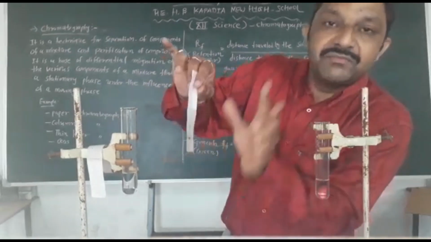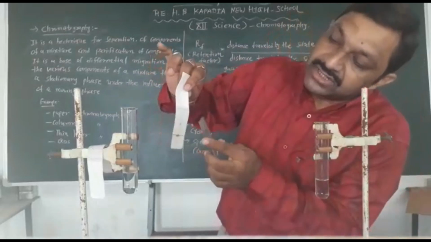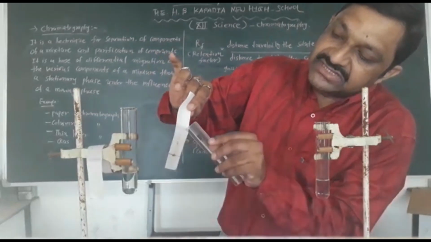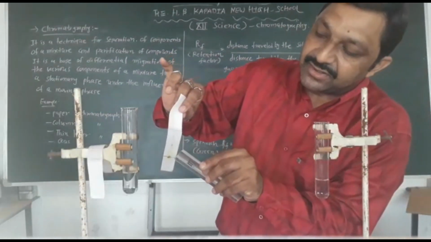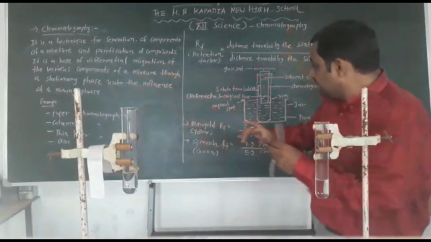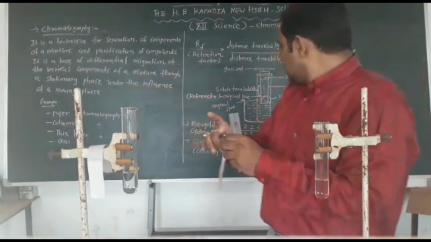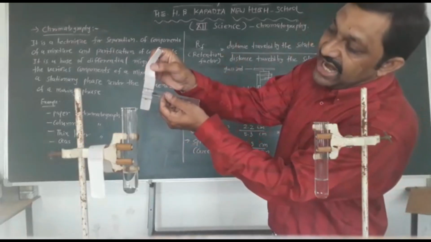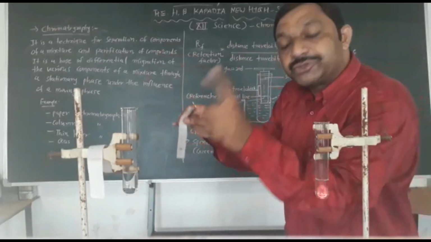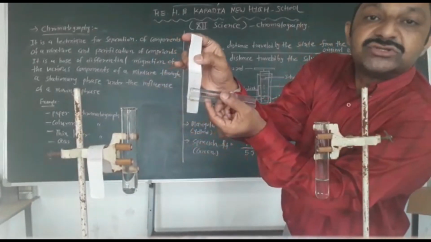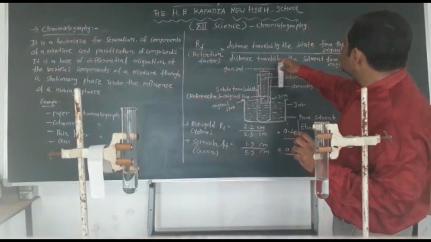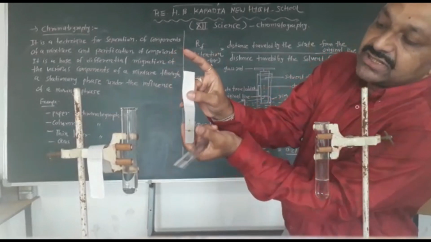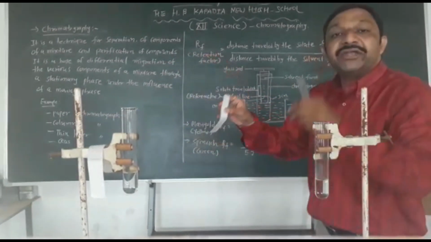In marigold, the distance traveled by the solute is 2.2 centimeter, and the distance traveled by the solvent, here to here, is 5.3 centimeter.